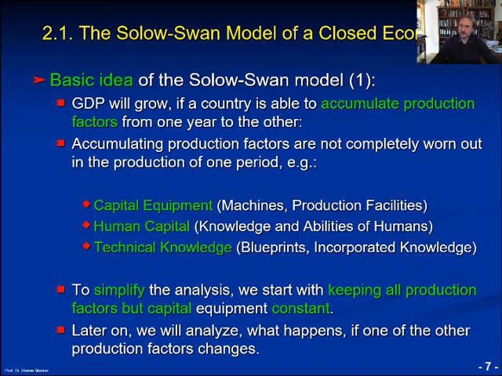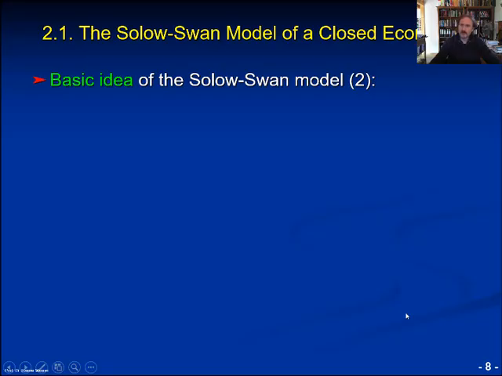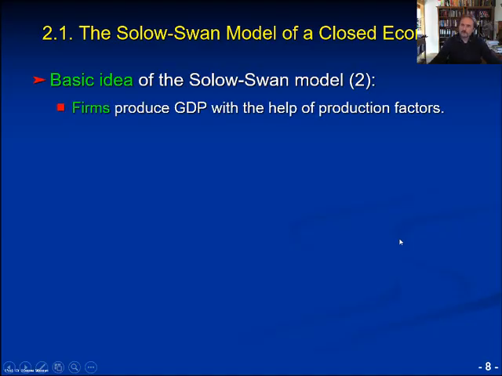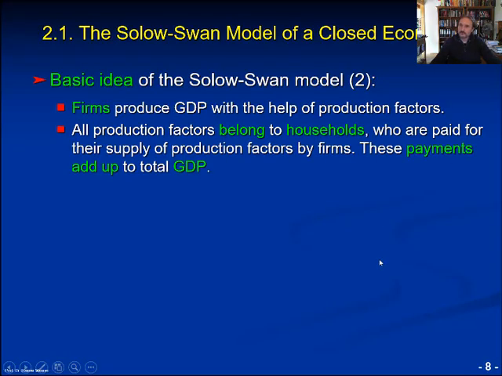The other assumptions of the Solow-Swan model are identical with the assumptions of the so-called circular flow model, which we have discussed in Chapter 1. Firms produce GDP with the help of production factors. All production factors belong to households, who are paid for their supply of these production factors by firms. These payments add up to total GDP.